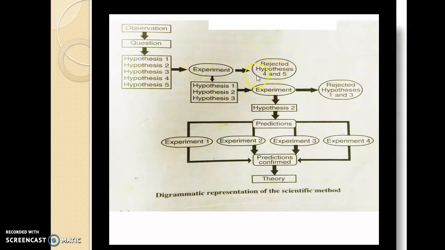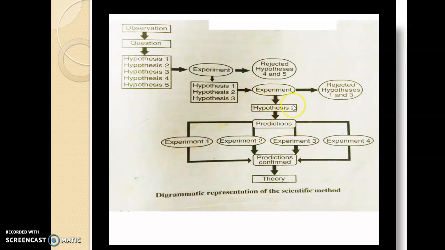So we have rejected 4 and 5 and we have taken the other 3, that is first, second and third. Then we again did the experiment for the 3 hypotheses, and when we repeated the experiment, we again rejected hypotheses 1 and 3. So which one is acceptable? Yes, hypothesis 2 is acceptable.